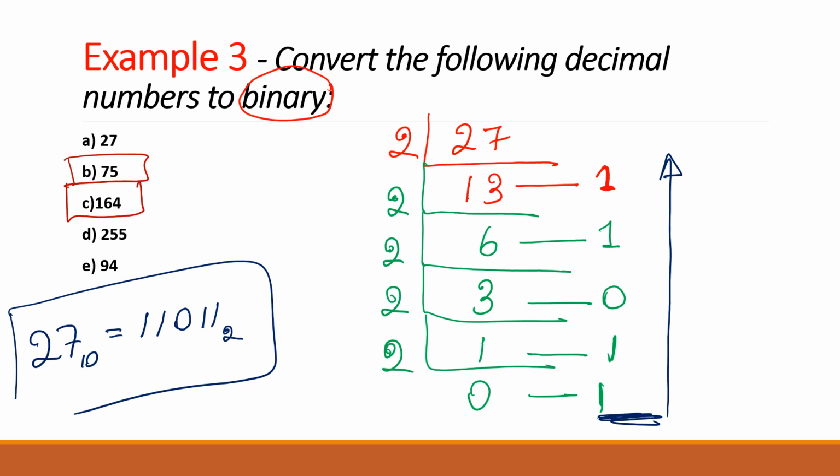Octal is 8. So if you want to convert decimal to octal, you have to divide by 8. Likewise, if you want to do it for hexadecimal, you are dividing it by 16. But you don't need to do that. Just get familiarized with converting decimal to binary.